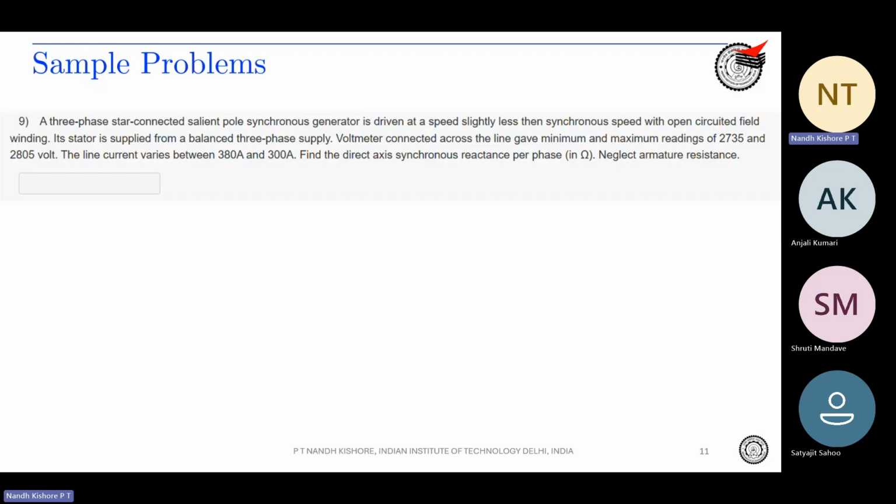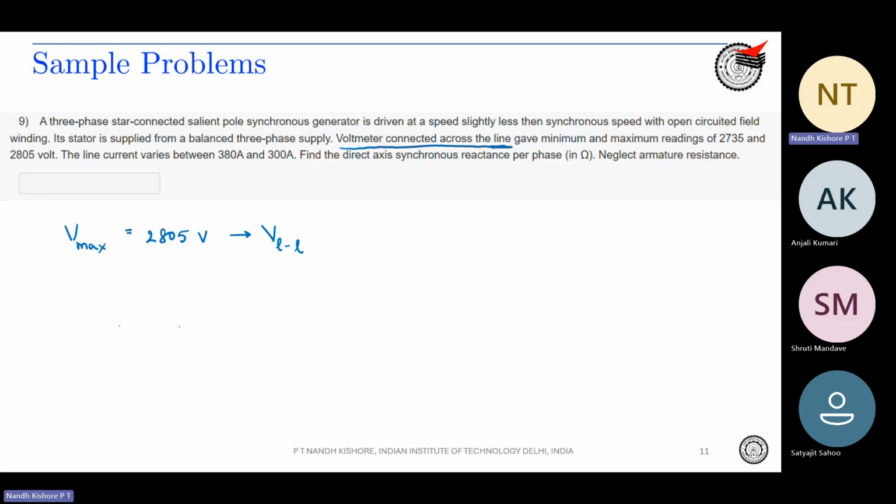So the question is, find the direct axis synchronous reactance per phase. Now they have given you V max, which is 2805 volts, right? And the voltmeter is connected across the line, which means it's a line-to-line voltage, not phase voltage.